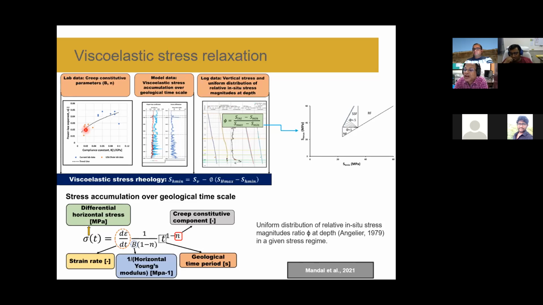Yes, it can be possible, but we need to get those kinds of samples from depth itself, bring the sample from that depth, and then do experiments collecting the data. Then we can probably do some kind of modeling to see. I think one or two examples have been tried, quite successfully. Yeah, go ahead. Thank you.